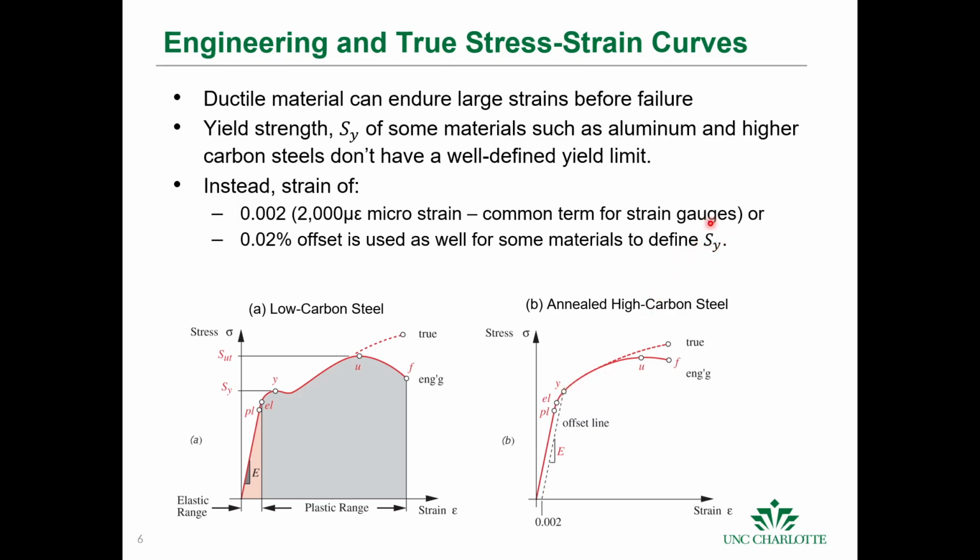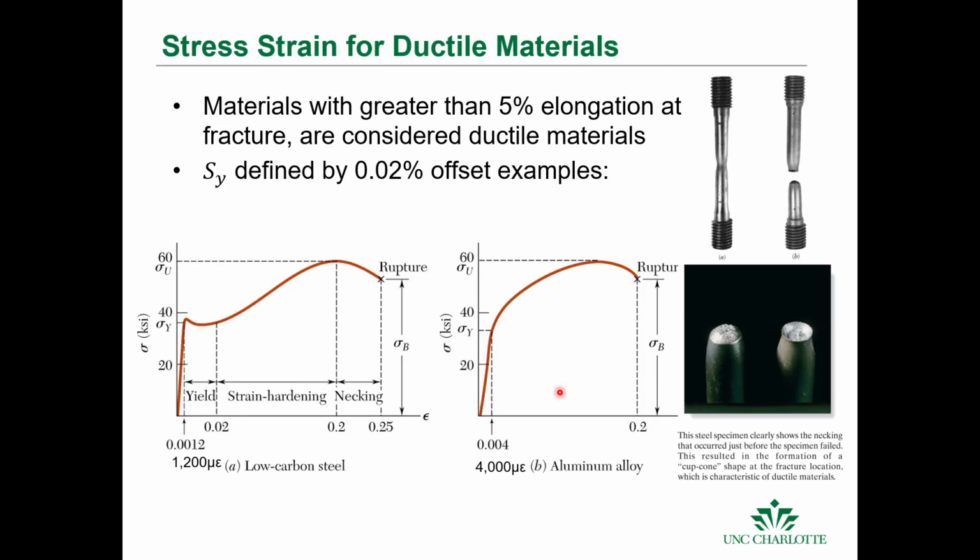Okay, that's where they will define the yield stress. This is a low carbon steel. This is an annealed high carbon steel. And you can see the different shapes, and that there's not a super well defined yield stress here. So they take the average slope to some value, and then they just do an offset and then find that intersection and define that as a yield stress.